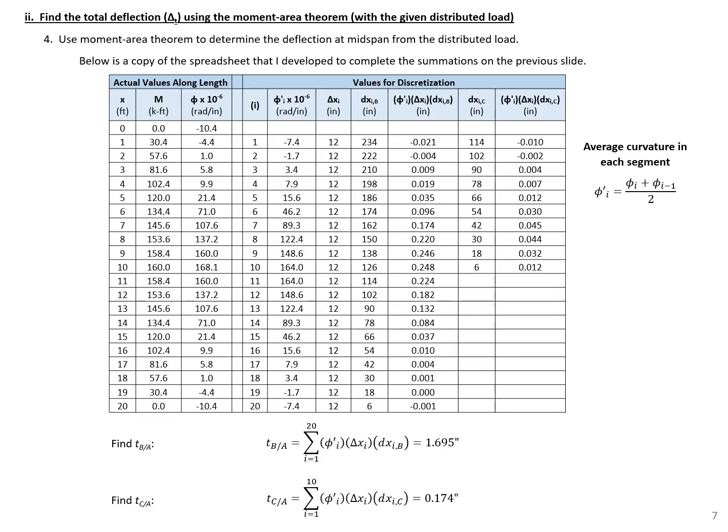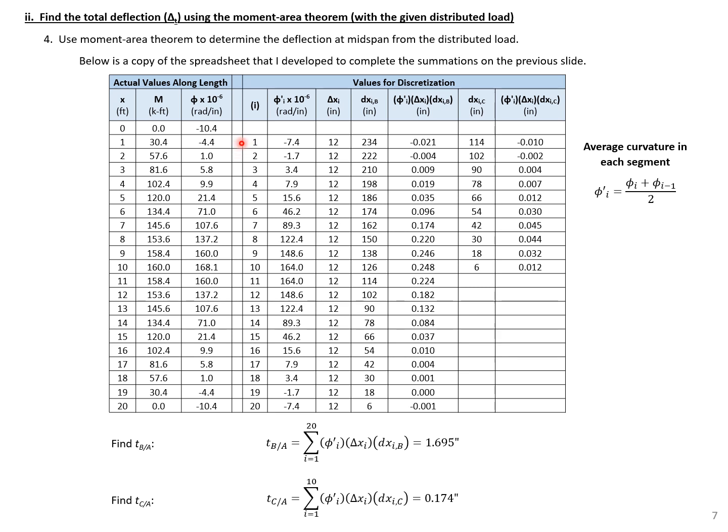Shown on this slide is a copy of a spreadsheet that I developed to complete all these summations from the previous slide. You can see that I find the moment and curvature at a number of different points along the length, and then I break up my curvature diagram into 20 different segments.